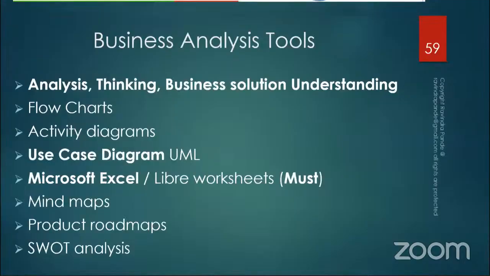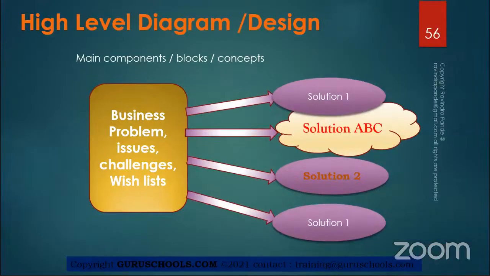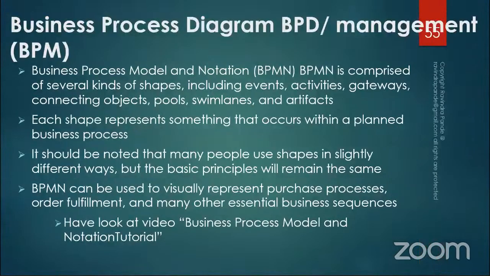Now let me try to go to the BPMN tool which we are talking about. BPMN is called Business Process Model and Notation. This is one of the most mature thought processes in high level diagramming. Here we have unified shapes, events, or activities, normally denoted with a tool.